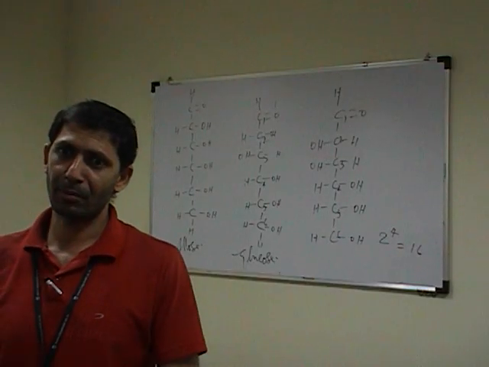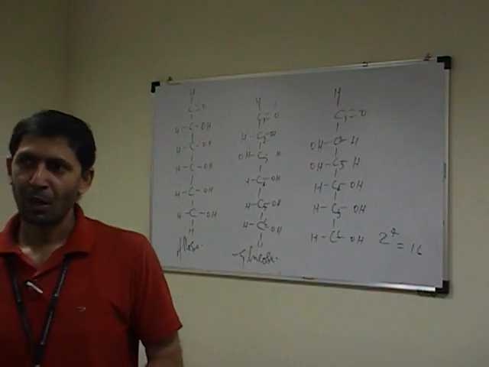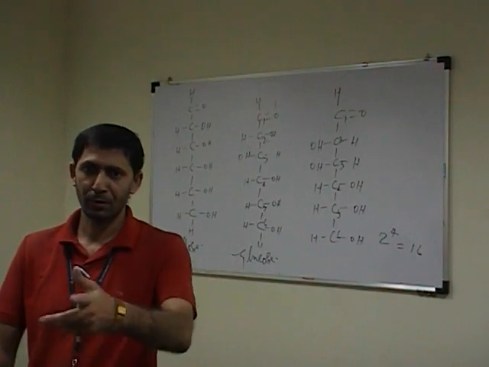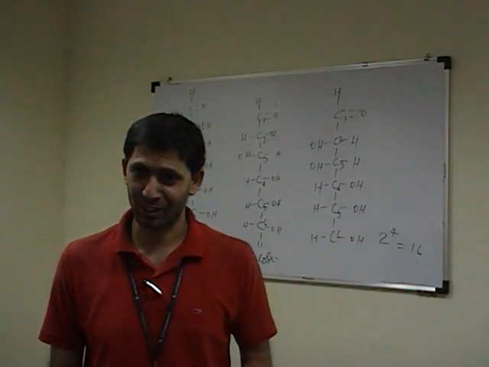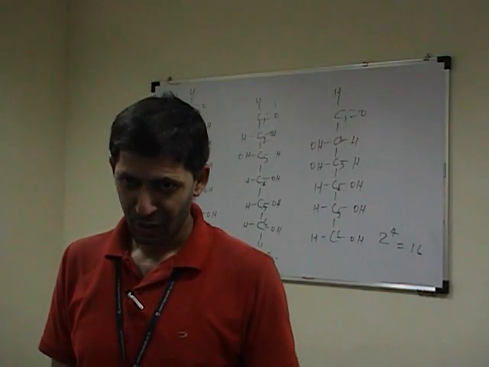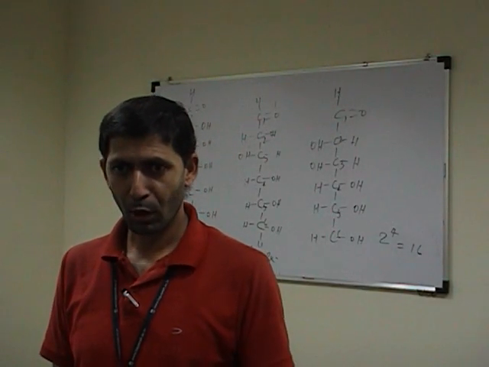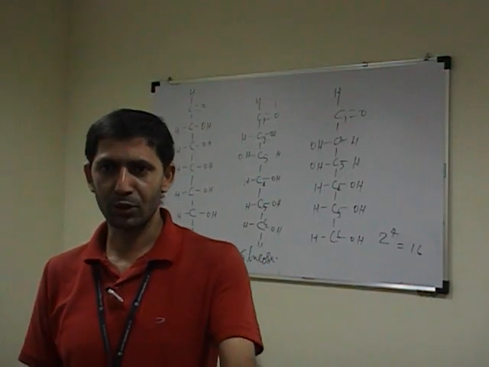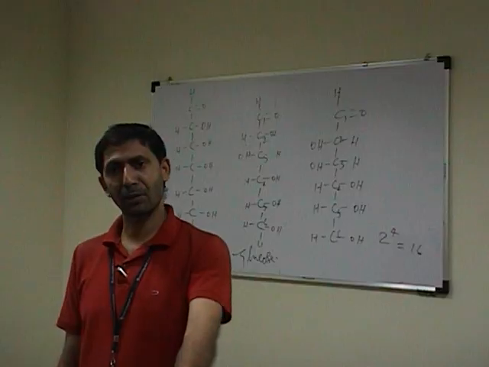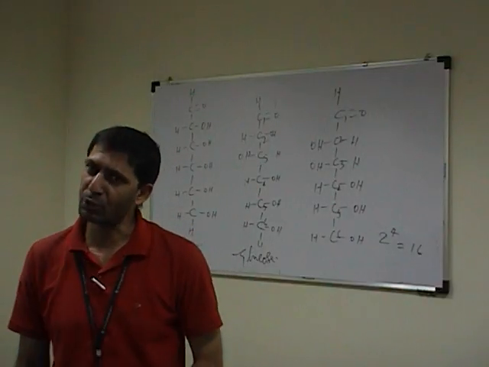So energy generation will be high particularly with hexose. Among hexoses, most of the time glucose is utilized. And for that there is the hexokinase enzyme. Hexokinase is a kinase, right? It phosphorylates glucose, and there is formation of glucose 6-phosphate.